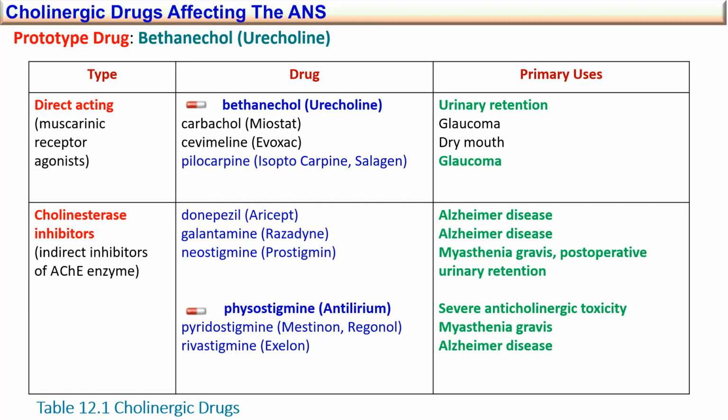So the direct acting prototype drug is bethanechol, and physostigmine is the prototype for the indirect classification. Physostigmine is very effective in patients with myasthenia gravis, MG.